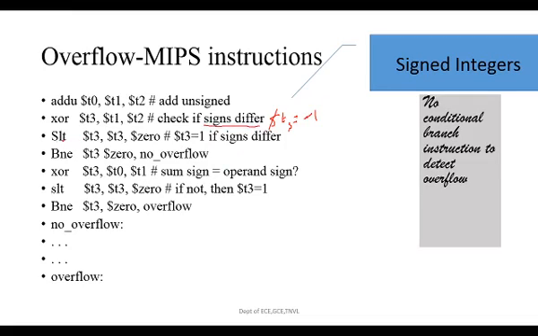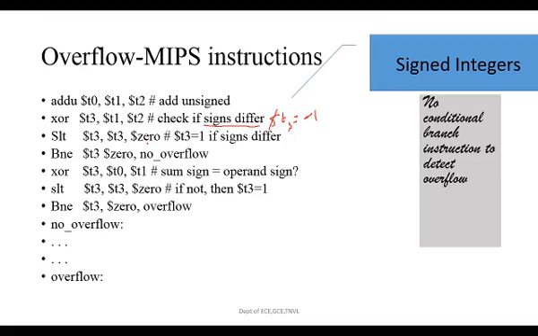Okay. So now this is SLT, that is set on less than, $T3 comma $T3 comma $0. Set on less than just compares the content in $T3 with $0. What is here in $T3? It is -1, and $0 is 0. So -1 is less than 0.